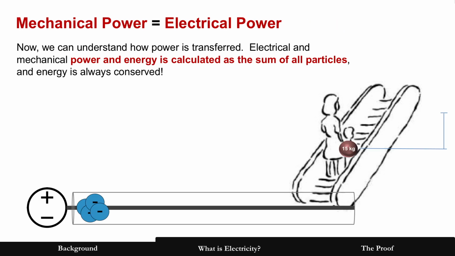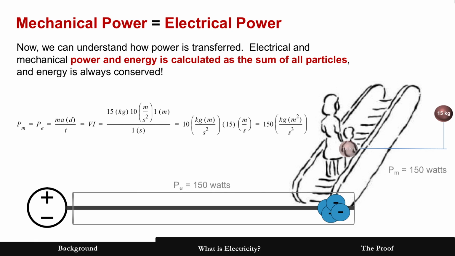Now let's put all this together, because now we can understand how power is transferred. Electrical and mechanical power is really just the energy calculated as the sum of all particles, and energy is always conserved. I'm assuming the same time frame here because I've set the mechanical power equal to the electrical power. These are all the numbers from the previous slides, and I put the units in here because the value and the units now all align for mechanical power and for electrical power.